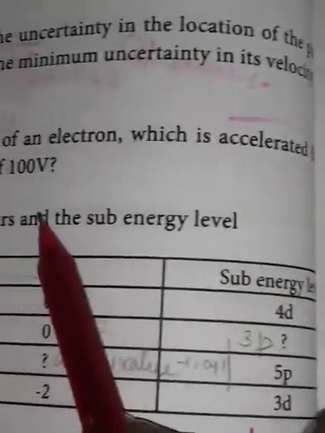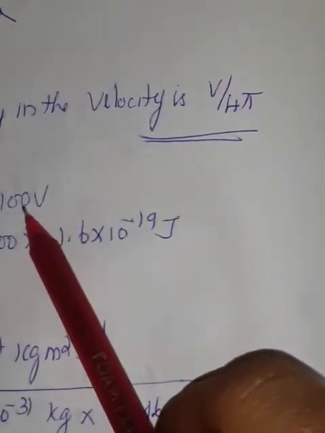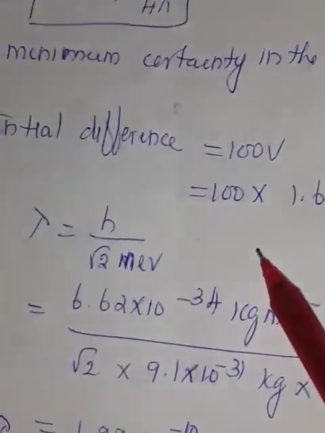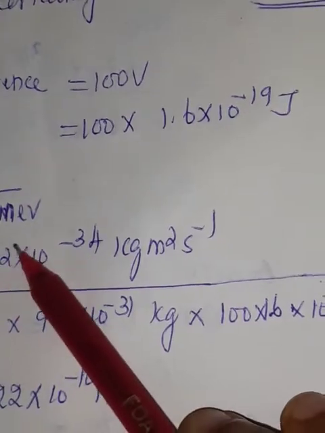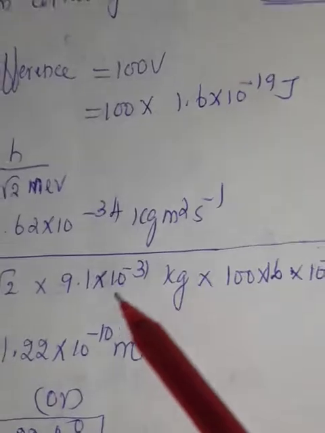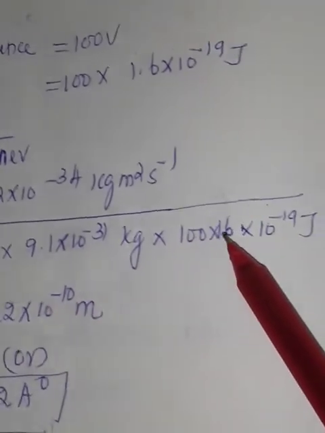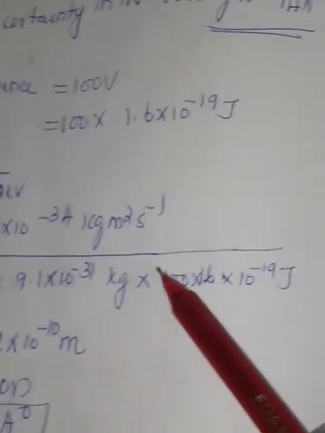50th question, what is the de Broglie wavelength of an electron? For this one, lambda is equal to h by square root of 2 meV, for a potential difference of 100 volts. Substituting all those values, you are getting this value.